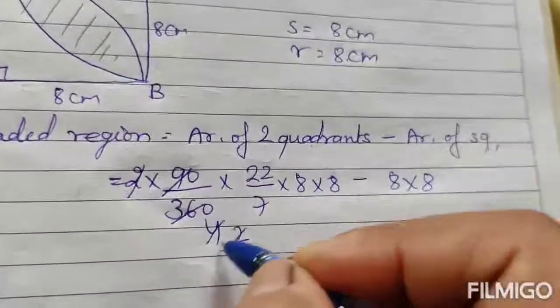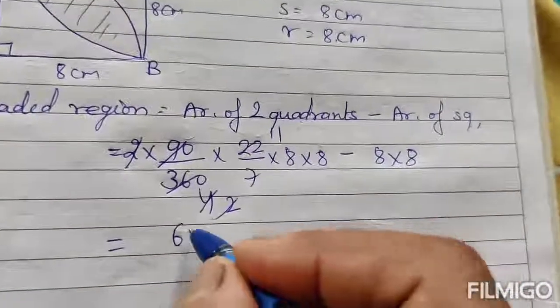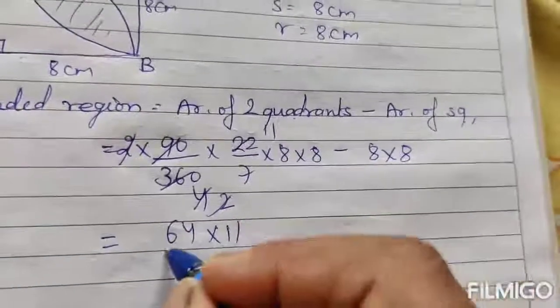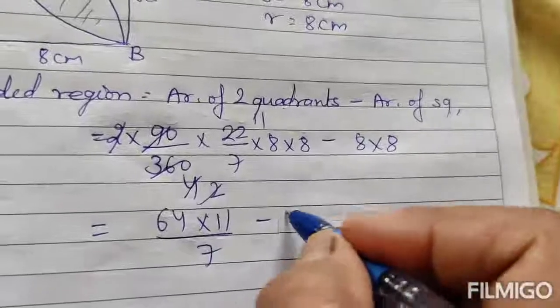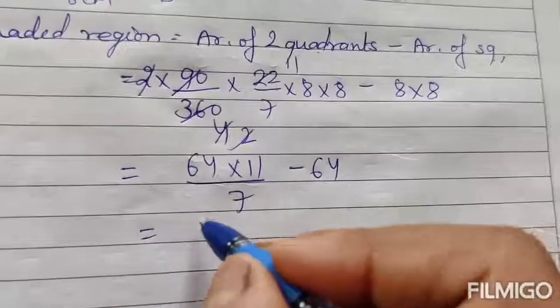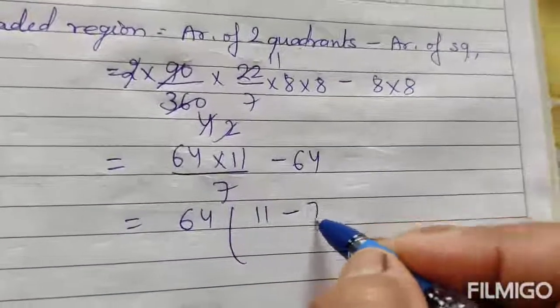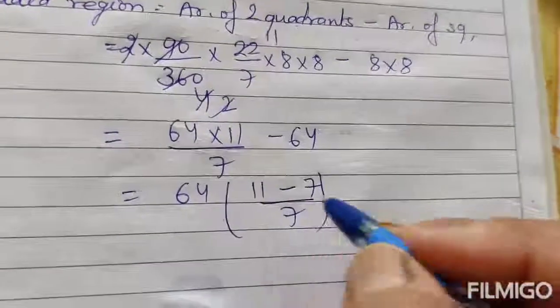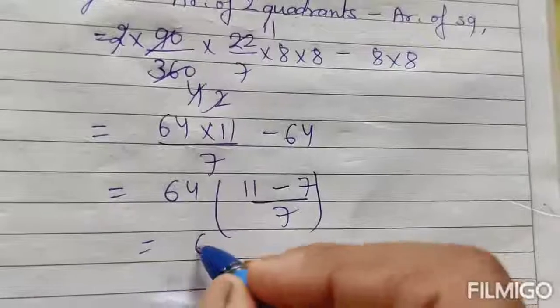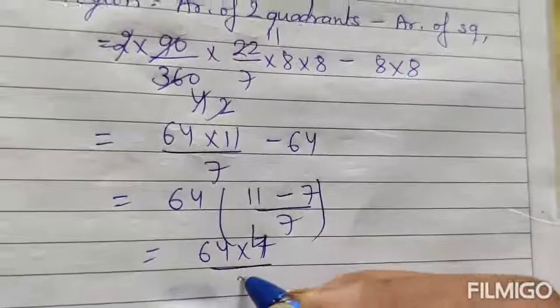Multiplying this, 8 just 64 into 11 by 7 minus 64. Solve this. We can take 64 common. The 11 minus 7 becomes 7 by 7. 11 minus 7 is 4. Sorry, 4 by 7.